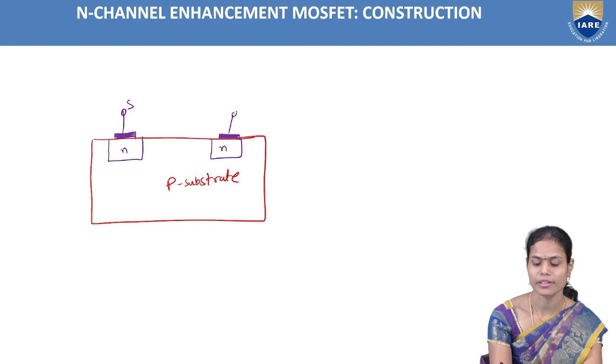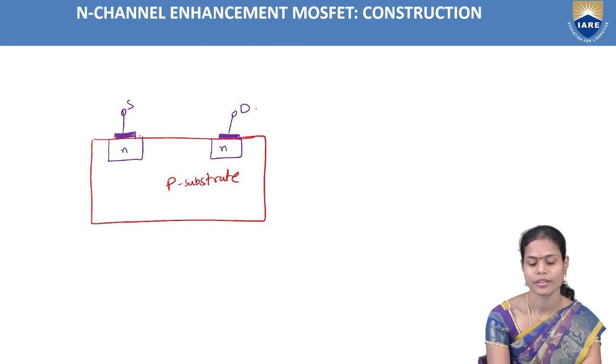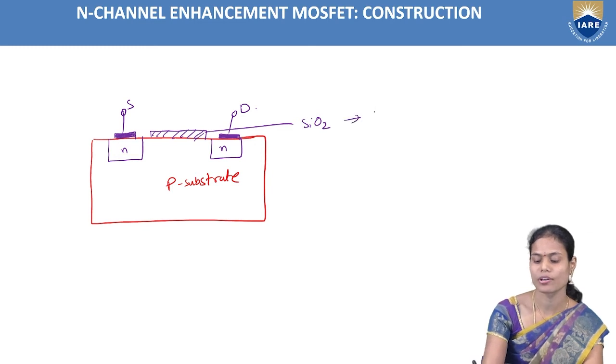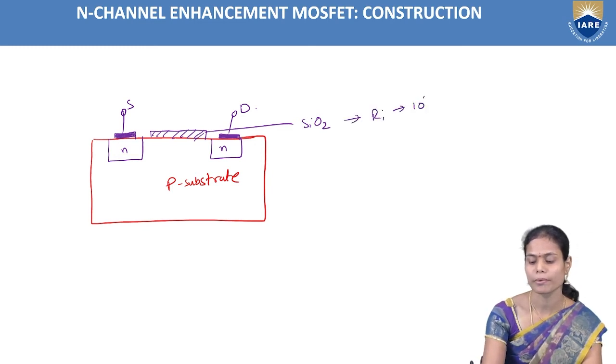Those are the source and drain terminals, and between these two again I am providing the silicon dioxide layer. The impedance of this silicon dioxide layer is from 10^10 to 10^15 ohms. It is very high.